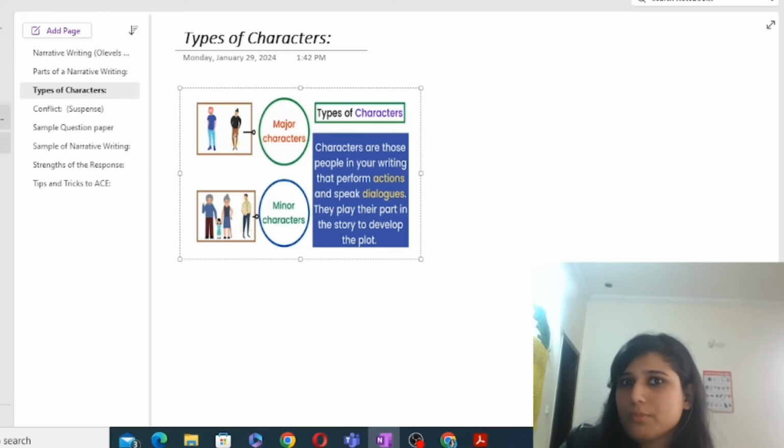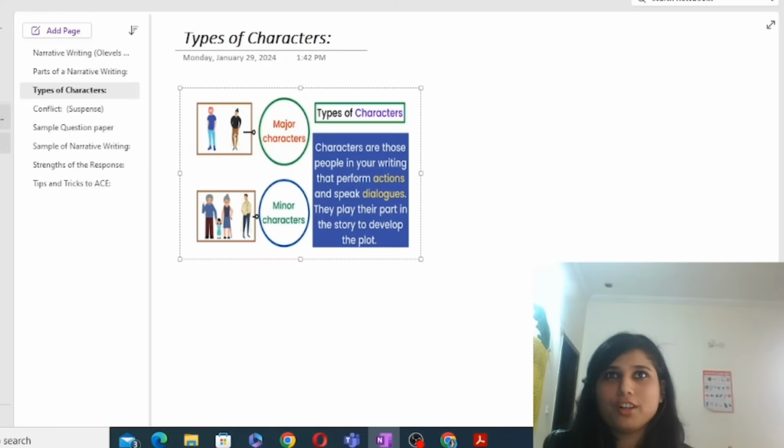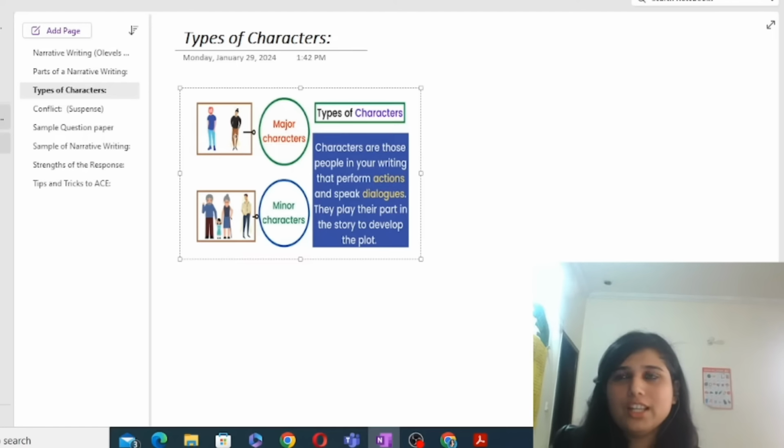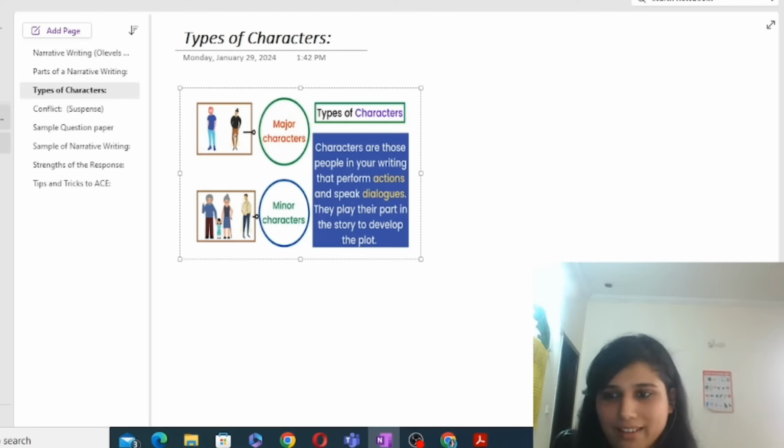When we watch a movie, we only remember the characters, like Shah Rukh Khan acted so well. The examiner is also a human being and will only remember your characters, like a hero or a villain. Therefore they play a very crucial part in your narrative writing.